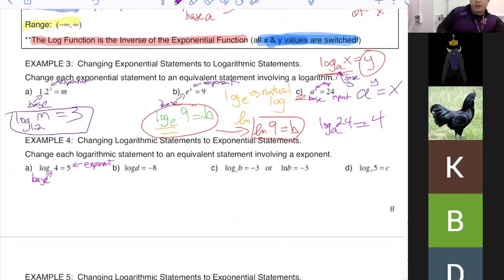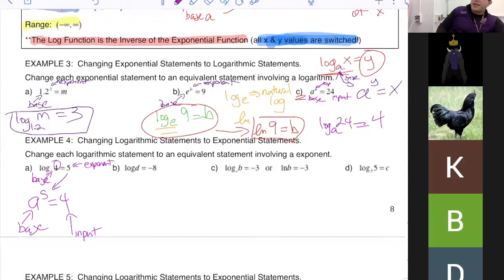And now when we put it into exponential notation, we're going to set it equal to the input. So a to the 5th power is equal to 4, right? That's still your base, this is your exponent, and your input is what you set it equal to. But in this case, it's going to be the result. So whatever I raise a to the fifth to, my result is going to be 4.